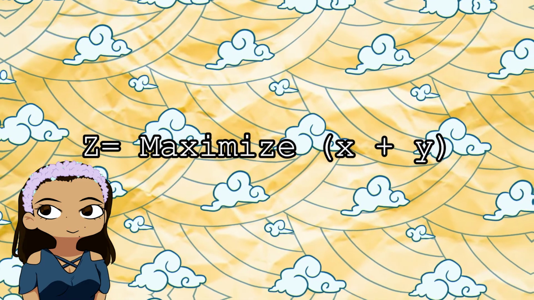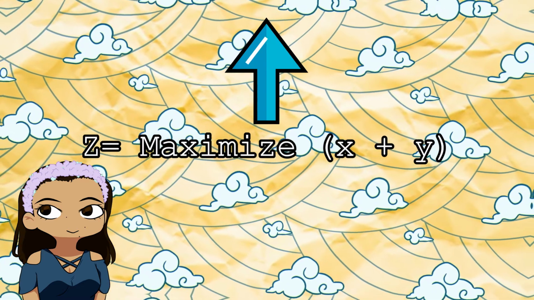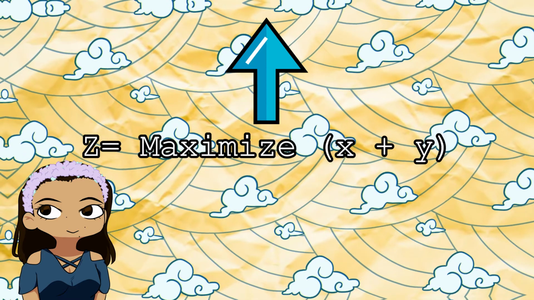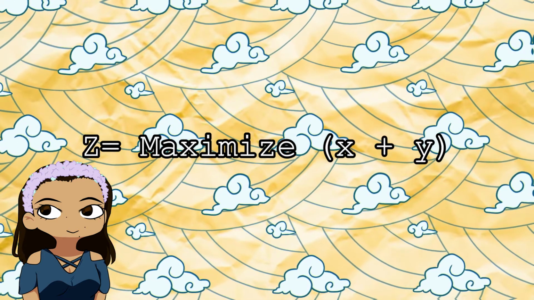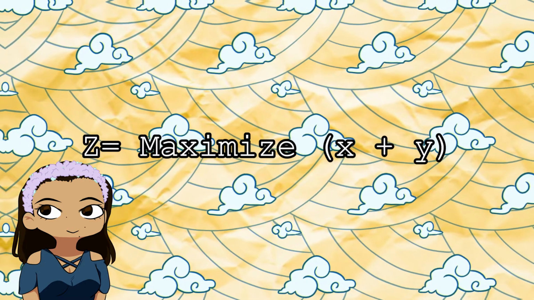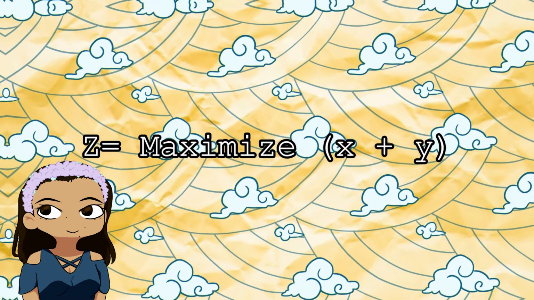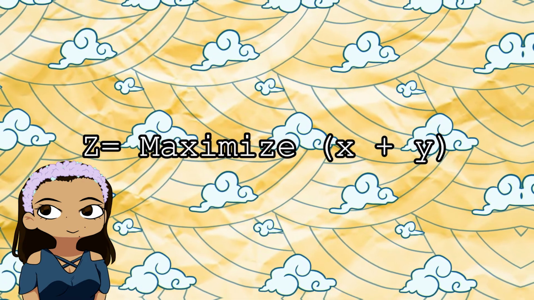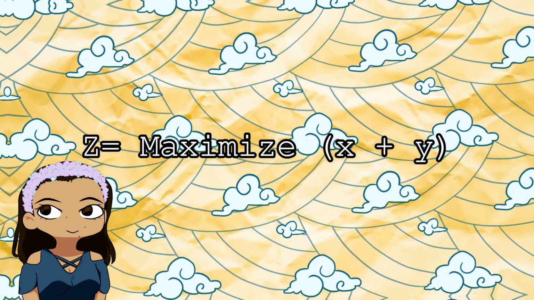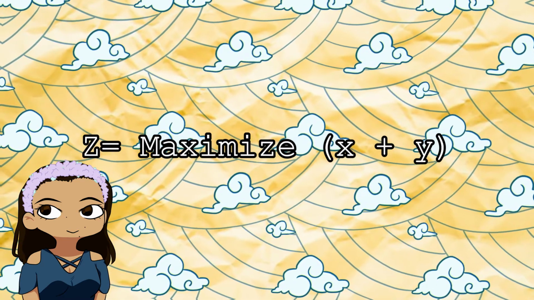What is shown in the problem is to maximize the number of teams to sponsor, both soccer and basketball. Therefore, we have to find the optimal point taking into account the available resources. So this is the objective function: Z equals maximize X plus Y.